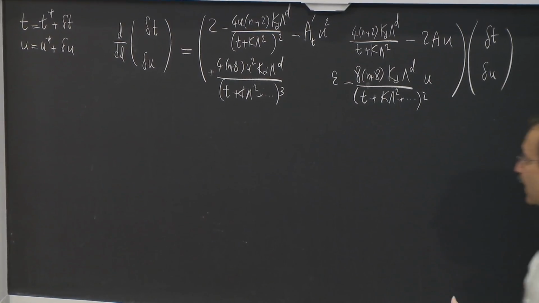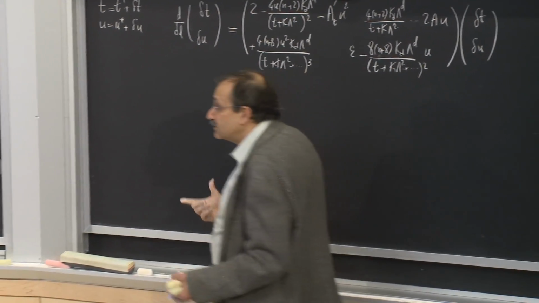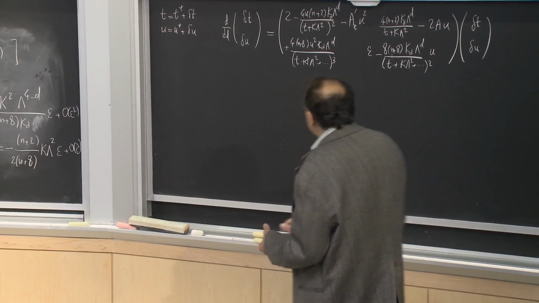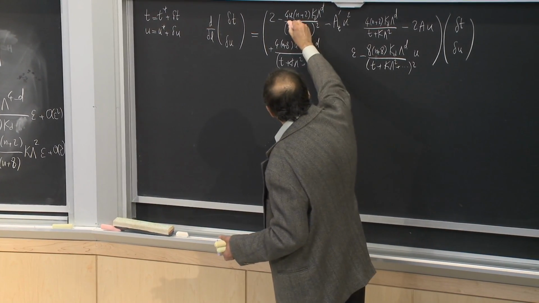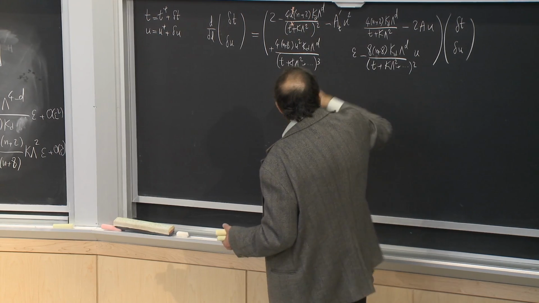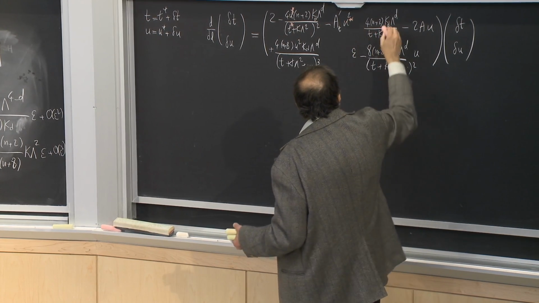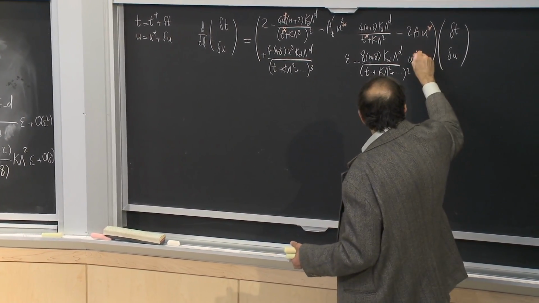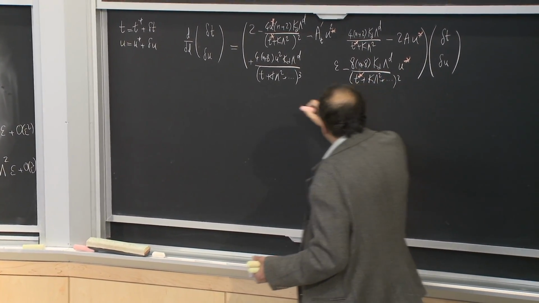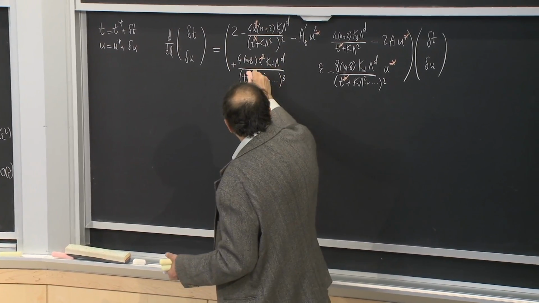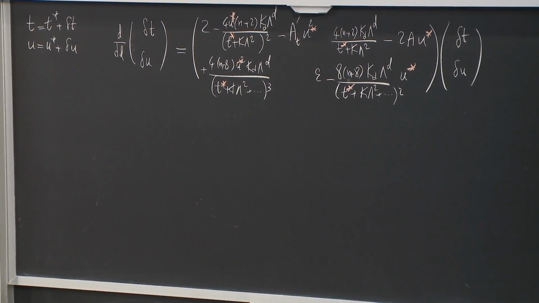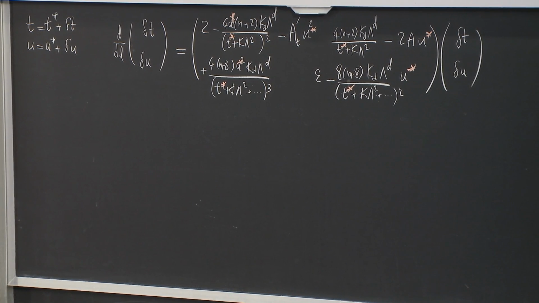Now, I want to evaluate this matrix at the fixed point. So I have to linearize in the vicinity of the fixed point, which means that I put the values of t star and u star everywhere here. And then I have to calculate the eigenvalues of this matrix.